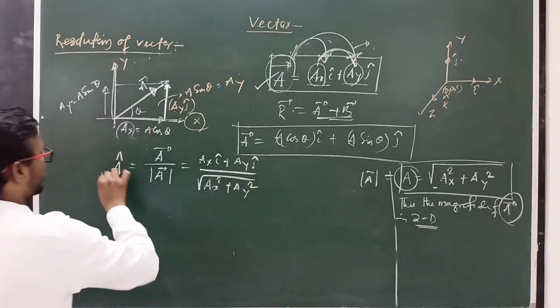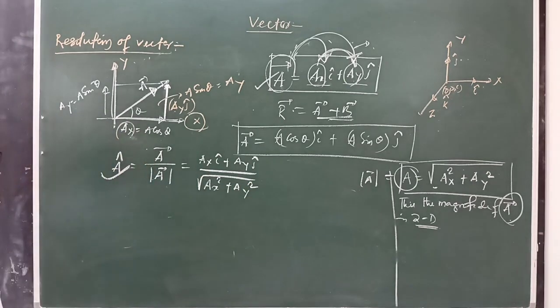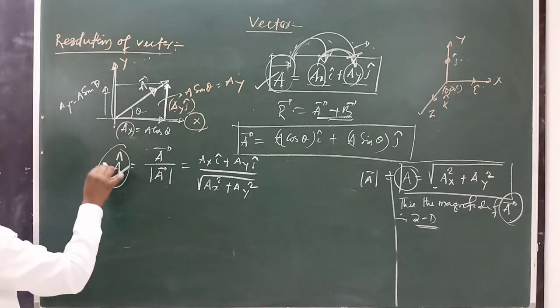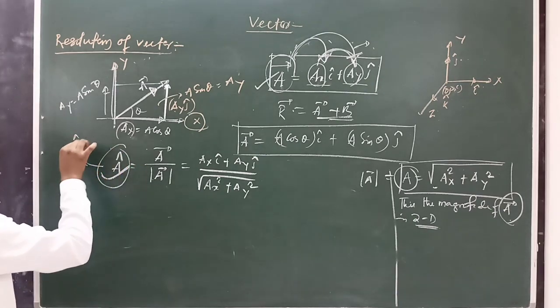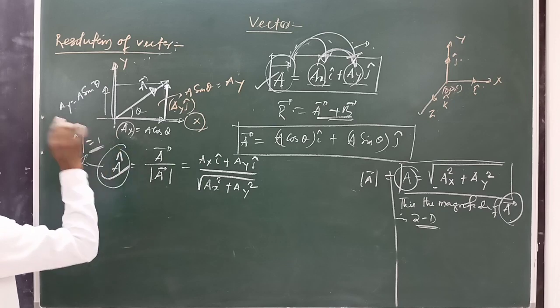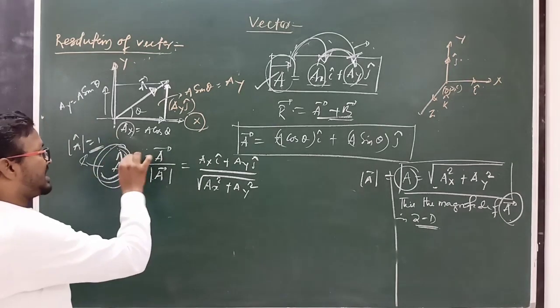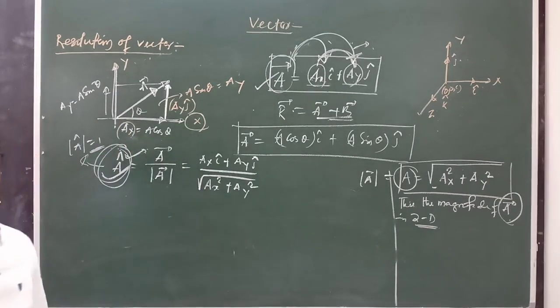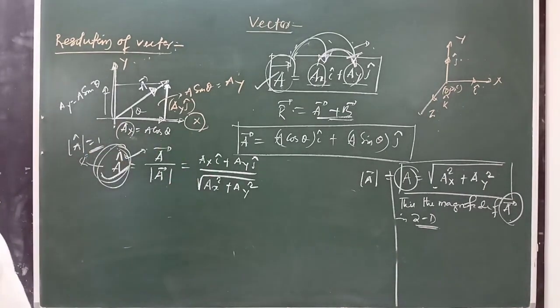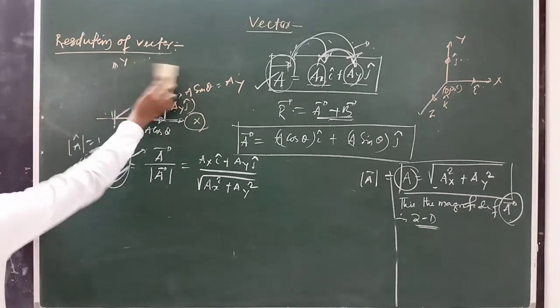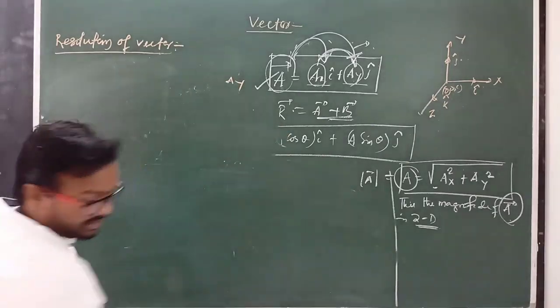This shows the direction of the unit vector, and its magnitude is always 1. If we multiply this with a scalar, it gives the direction of the given vector. Clear? So these are all about rectangular components of a vector.